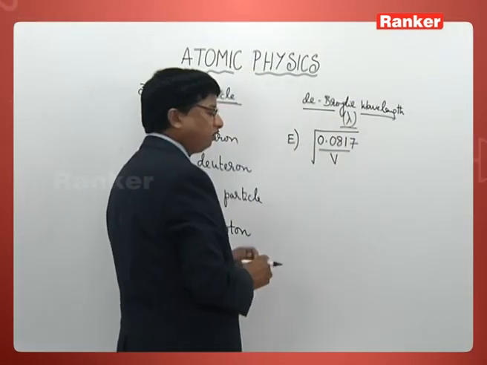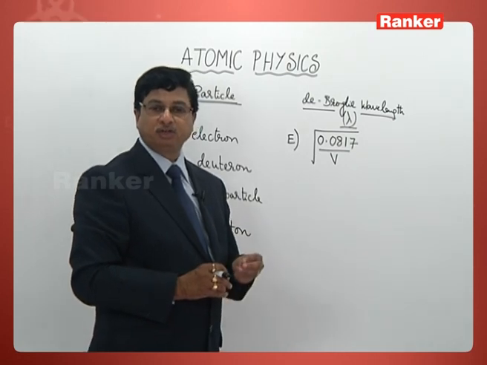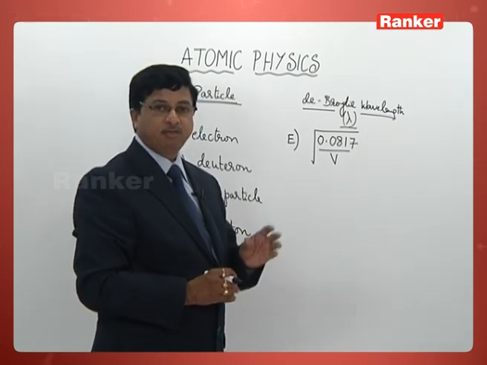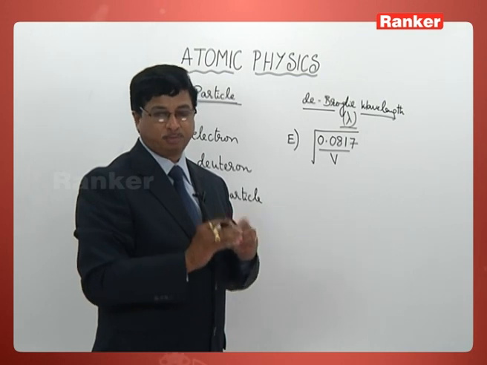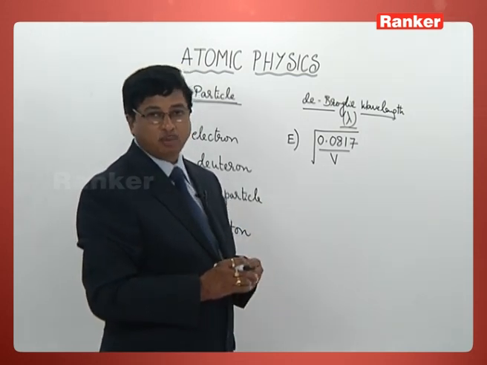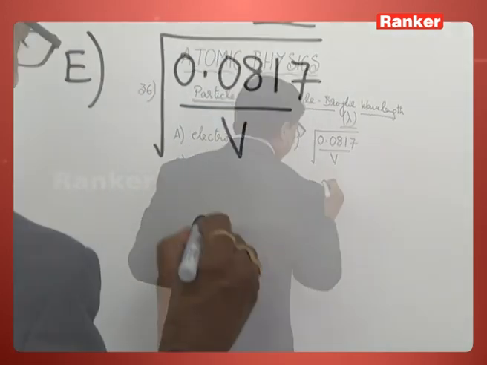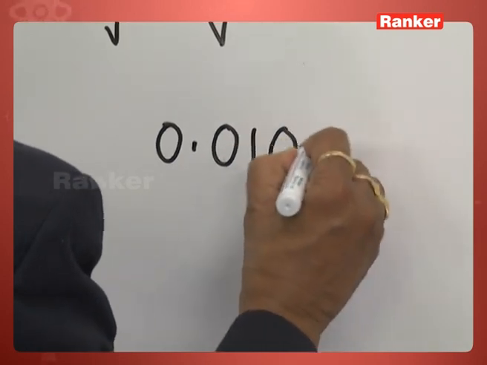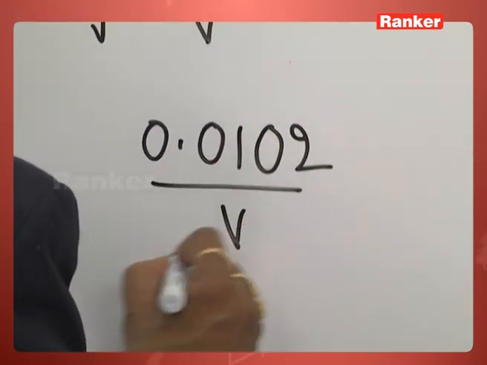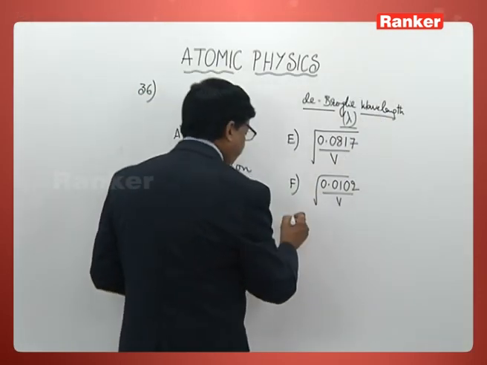This is the first value provided to us: 0.0817 divided by V whole under root. The second value mentioned is 0.0102 by V whole under root. He has given you as F.